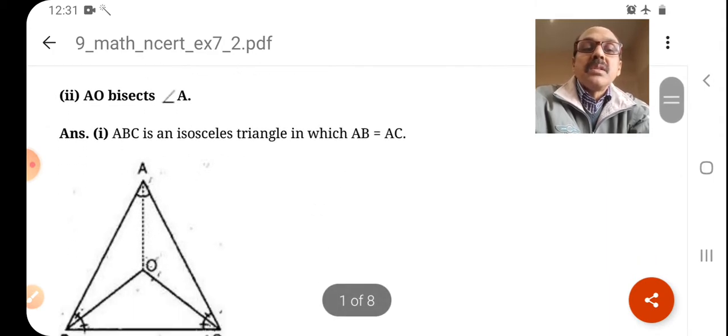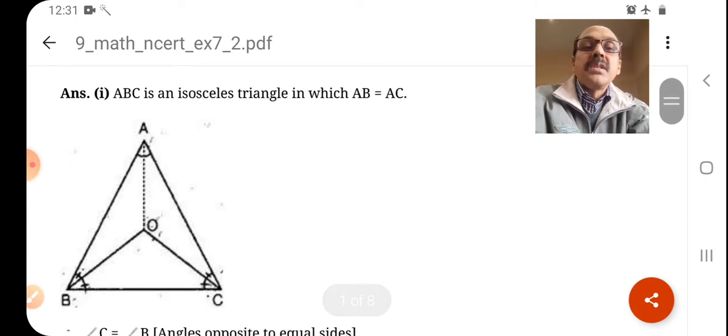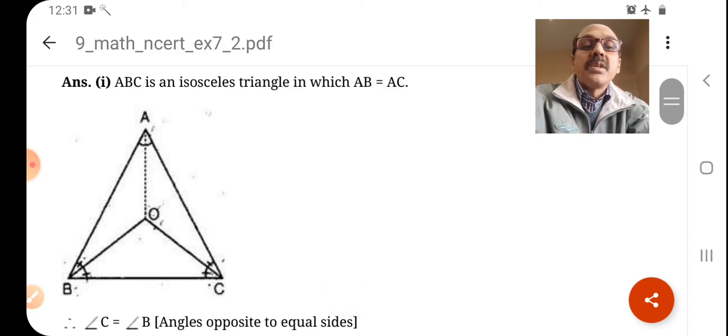So this is the figure. ABC is an isosceles triangle in which AB equal to AC.